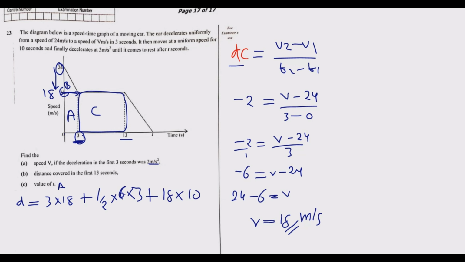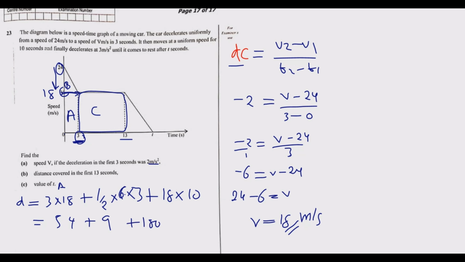So we are getting 3 times 18, which is 54, plus 6 times 3, which is 18, multiplied by half, which is 9, then plus 18 times 10, which is 180.